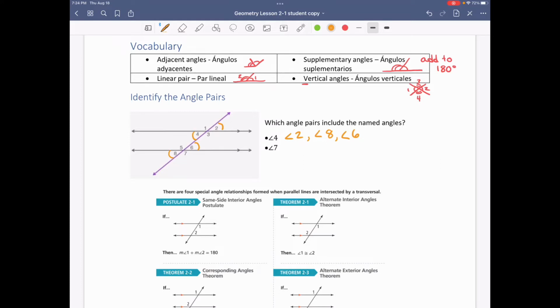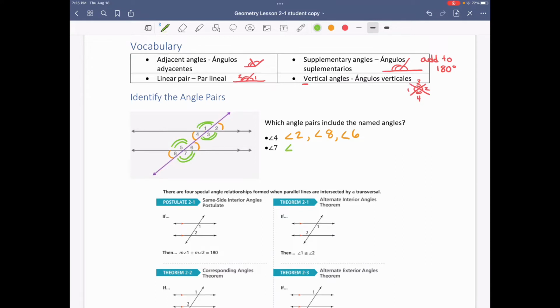And then we want to look at angle 7, which is here, and I'll use double marks to show that it is a pair with 5, and it pairs with 3 and 1, meaning that all of those angles are congruent because we have parallel lines cut by a transversal.